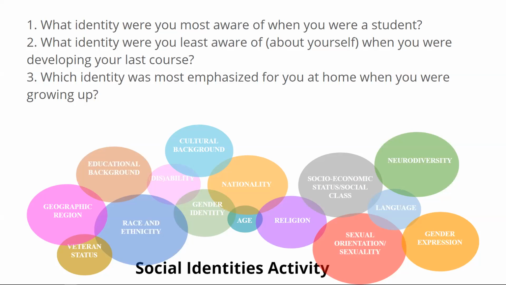And so if we think about what this means, particularly for our students of color, anytime I do this activity with a group of people, the identity that was most emphasized for people of color oftentimes is race and ethnicity.